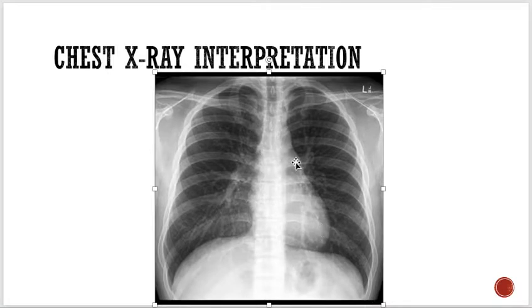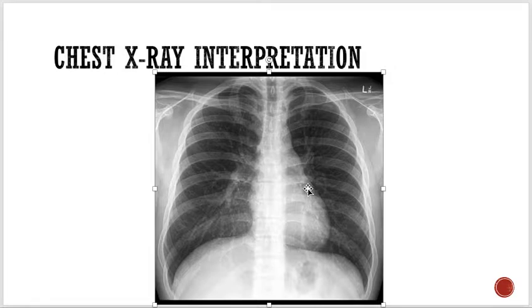What I'm showing you is a normal chest X-ray. The chest X-ray is the single most requested imaging investigation in daily practice, and in the undergraduate and licensing exams, what they most commonly ask you is to interpret chest X-rays or sometimes abdominal X-rays as well.